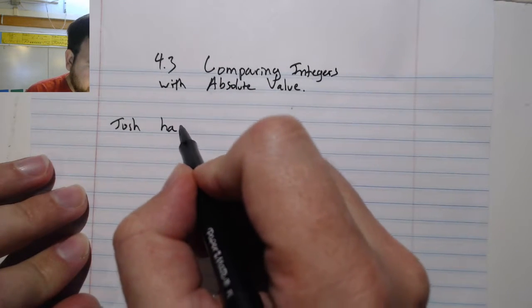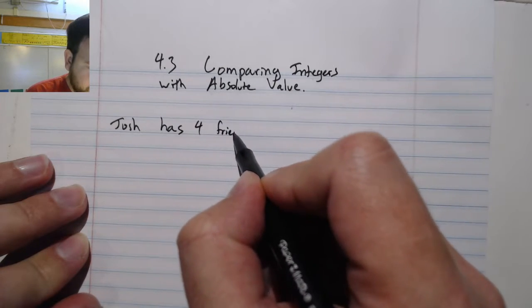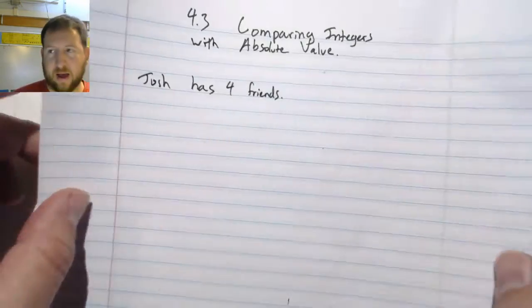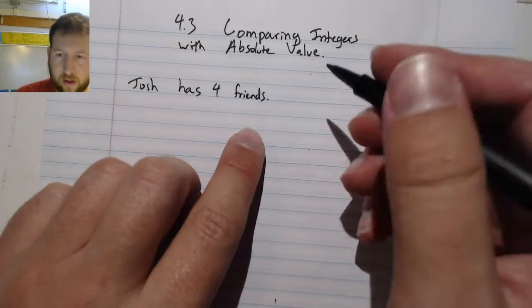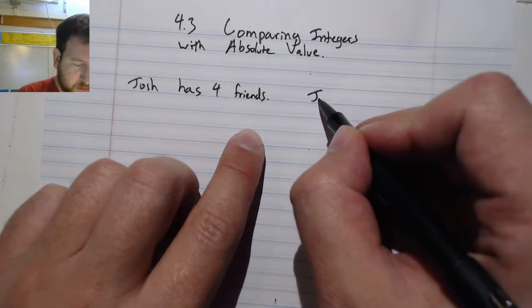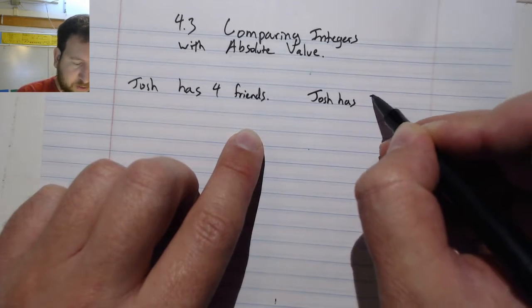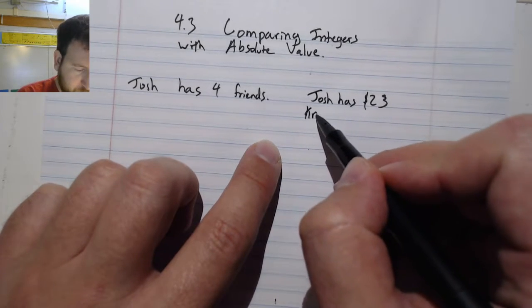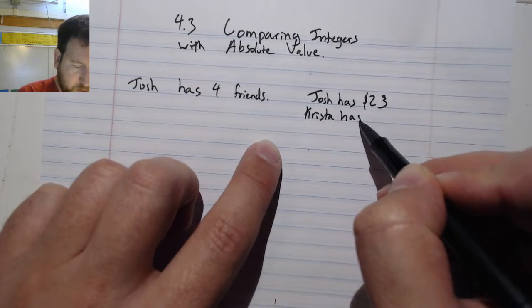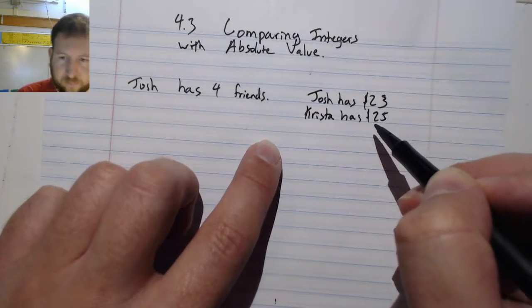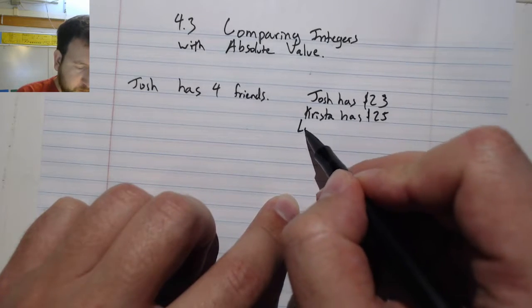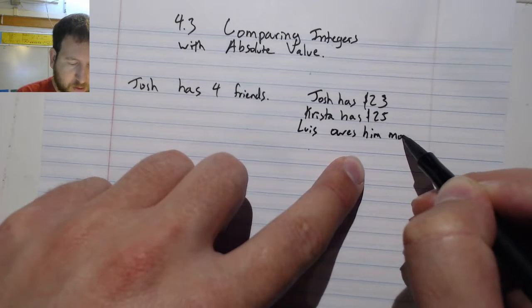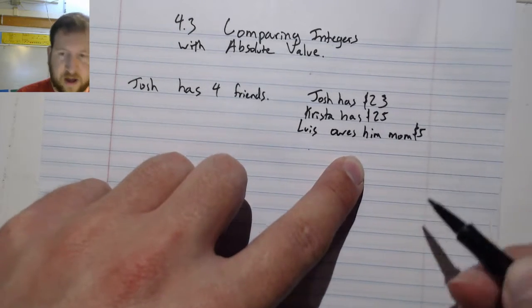All right, so our buddy Josh has 4 friends, and he's comparing how much money they have. Josh has $23. Krista has 25. Luis owes his mom $5.